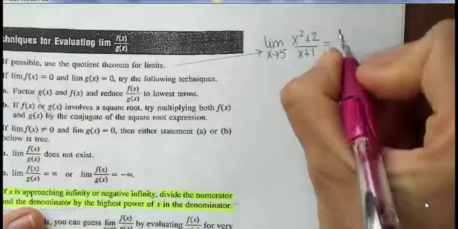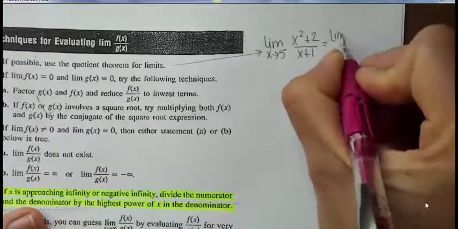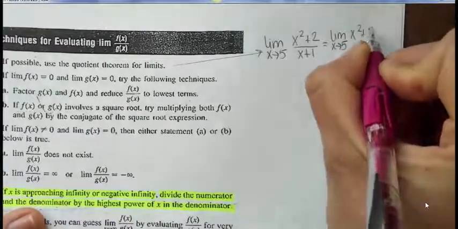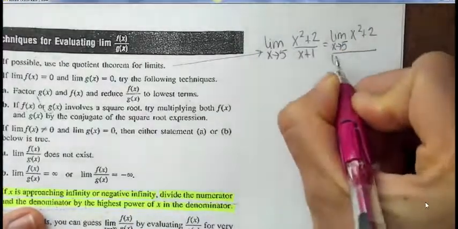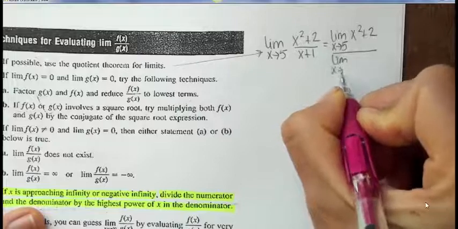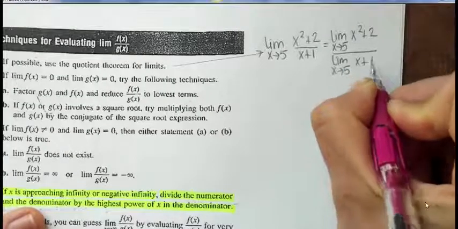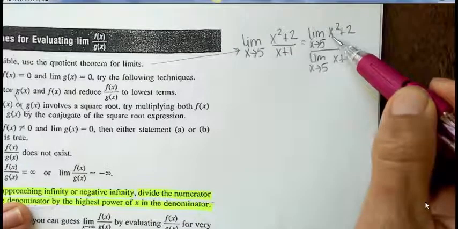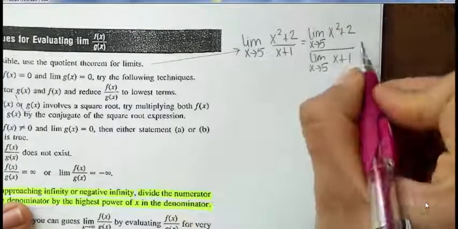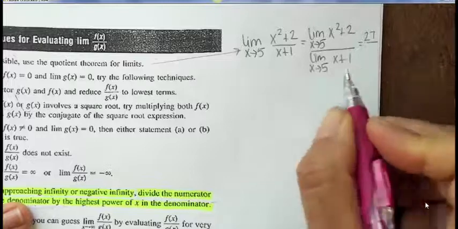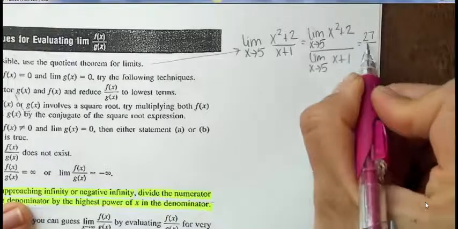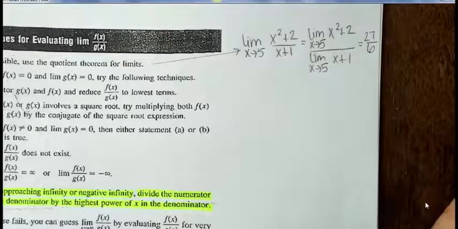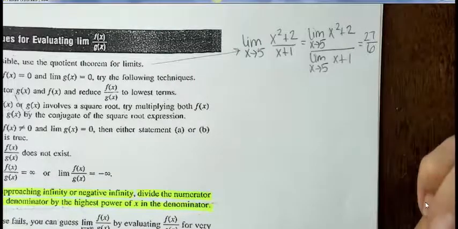So all this would be to say, take the limit of the numerator as x goes to 5 and put that over the limit of the denominator as x goes to 5. So notice that I can plug 5 in here and I get 27. And here I can plug 5 in and I get 6. So 27 over 6, or reducing that, what do you get? 9/2. Okay, so it's that simple.